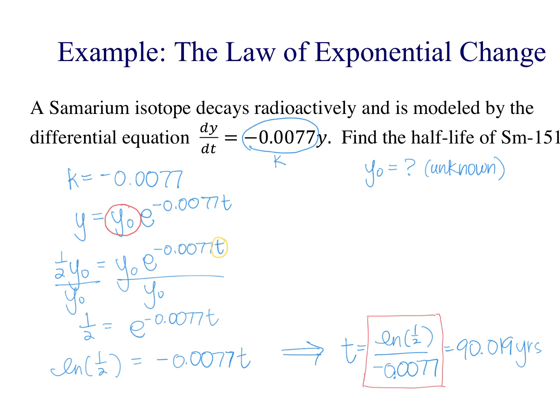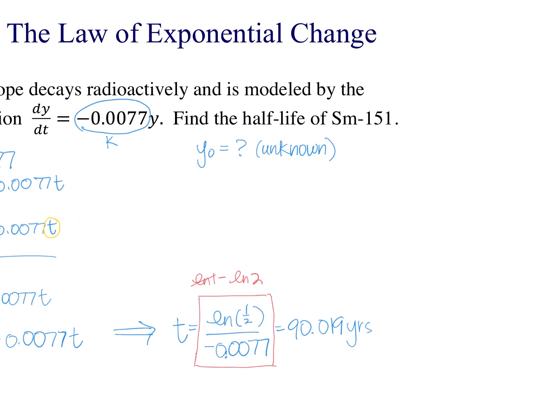Do you remember what the natural log of half is? The natural log of half is the natural log of 1 minus the natural log of 2. The natural log of 1 is 0, so I have negative natural log of 2. Negative natural log of 2 over the negative 0.0077. So this also turned out to be the ln of 2 over the k value. Worked out the same.